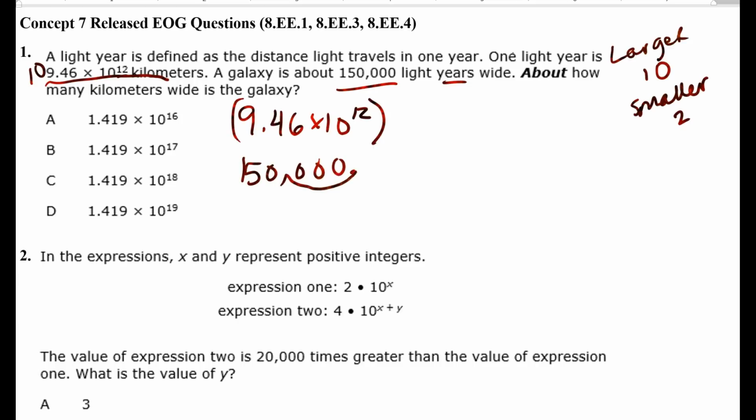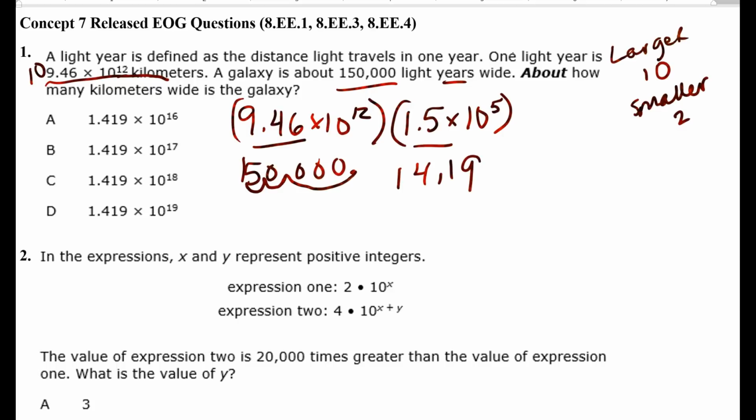Decimals here, that's 3, 4, 5. And I need to do 1.5 times 10 to the 5th power. All right, so multiply the multipliers. That's what the note said. So we do 9.46 times 1.5, and we end up with 14.19. And then we add the exponents, times 10 to the 17th power.